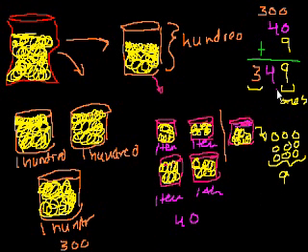The second one, if we go to the left, is called the tens place. And it's essentially telling us how many 10 cans we have, or how many cans of 10. And then the third one to the left is the hundreds place. All it's telling us is the number of 100 cans we have.